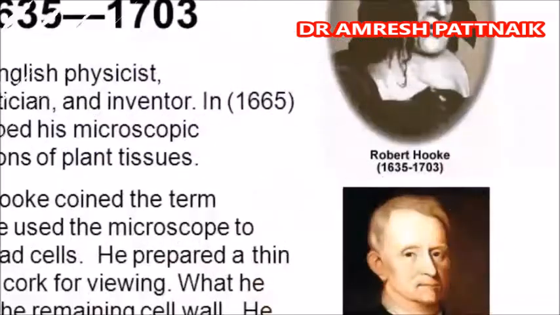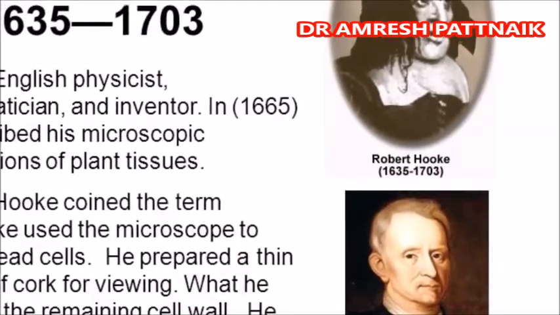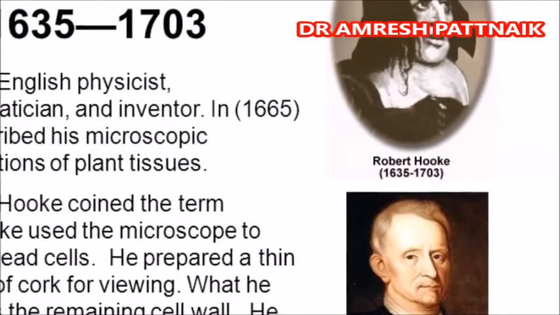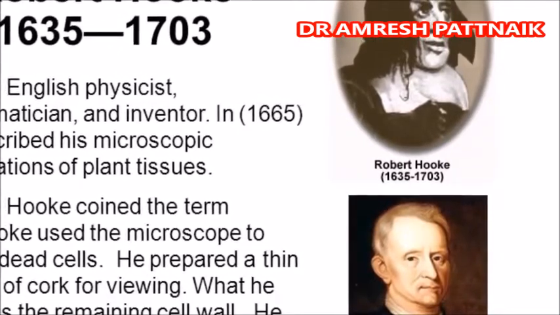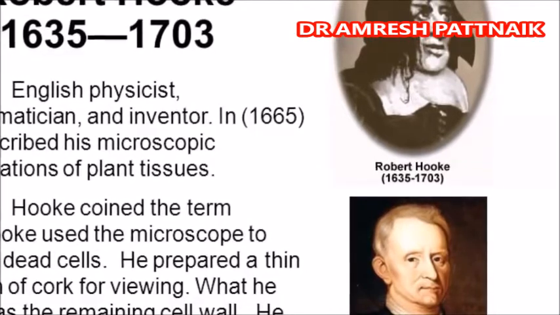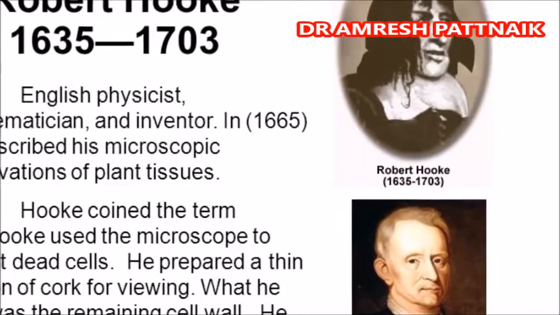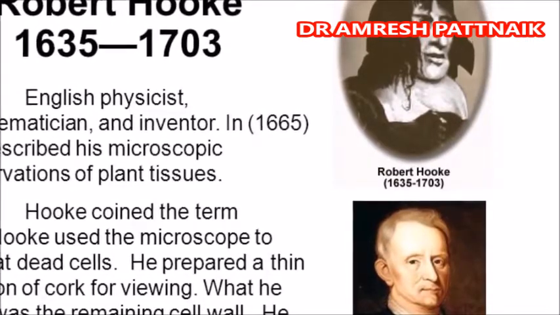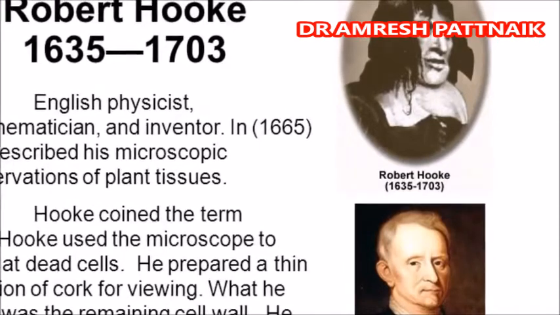First of all, Robert Hooke in 1665 used a small microscope to look at the bark of a plant, and he found a small portion containing beehive or honeycomb-like small chambers.